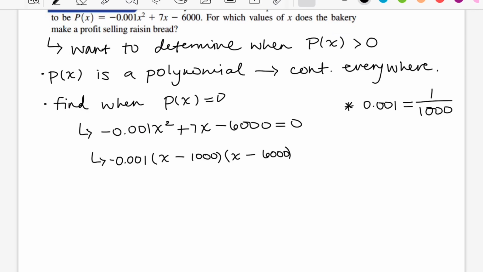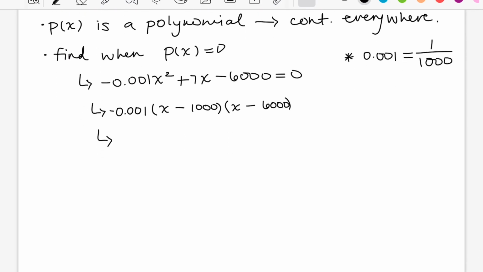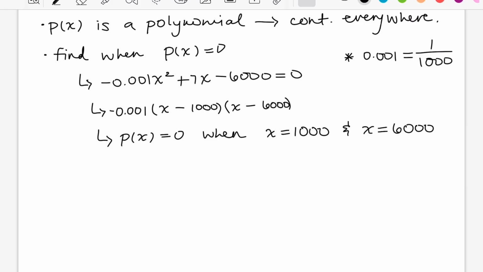All right. So this tells us that p of x will equal 0 when x is equal to 1,000 and 6,000. Now these are our partition numbers, and this will help us determine our open intervals.